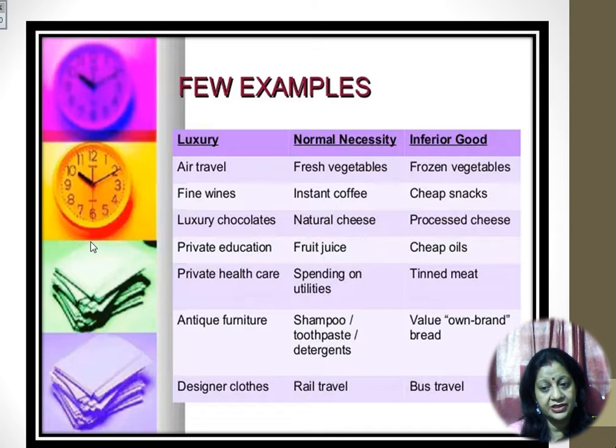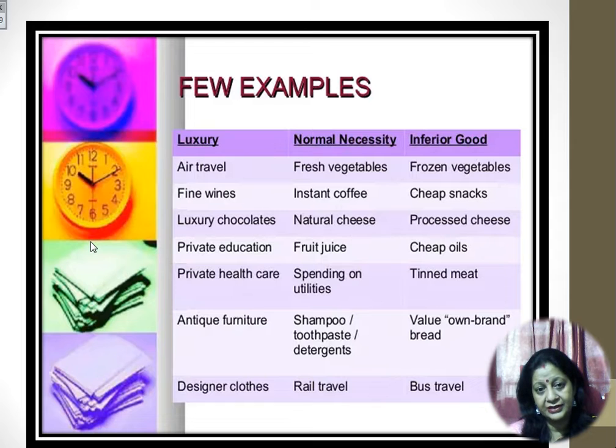So fresh vegetables become a normal necessity. Inferior goods: frozen vegetables. For example, frozen peas, frozen मटर जो आती हैं, जो हम off the season use करते हैं, so that is known as inferior goods.